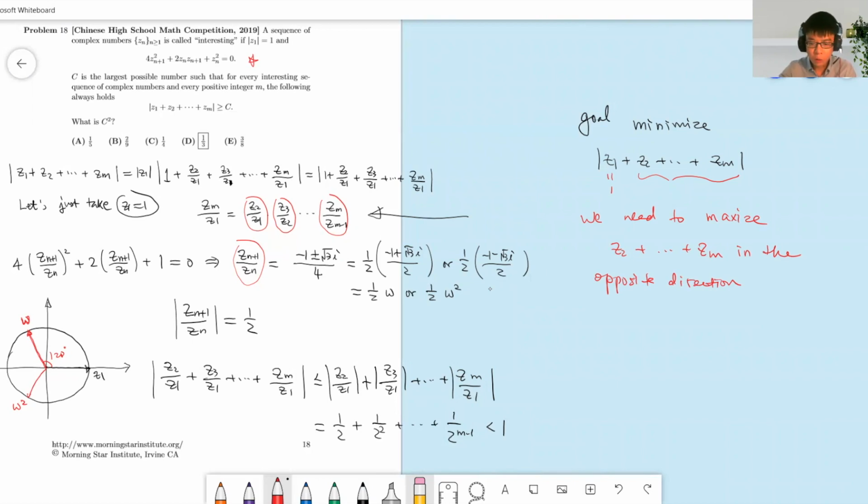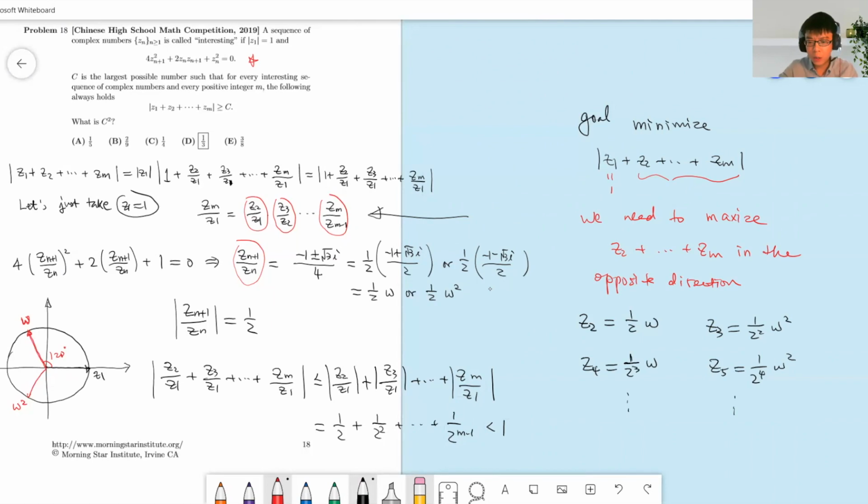So how do we do that? We can try to guess the answer at this moment, and later I will justify the conclusion. I can take Z2 as 1/2 omega, and Z3 as 1 over 2 square omega square, because every time the modulus is divided by 2. The fourth is 1 over 2 cube omega. The fifth is 1 over 2 to the fourth omega square, like that, okay?